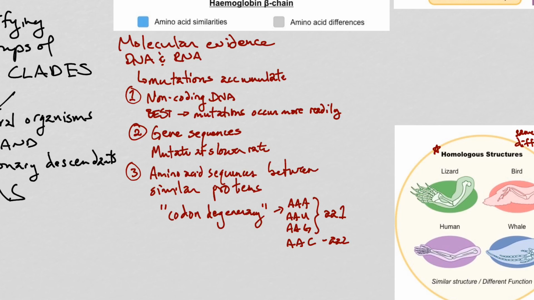Well, we wouldn't see a mutation in an amino acid if we were only looking at amino acids, and if one codon said AAA and one said AAU, because they're coding for the same amino acid, we wouldn't see that mutation until we looked at the DNA strand. So these amino acid sequences are normally used to compare really distantly related species because we can't see these mutations right here.